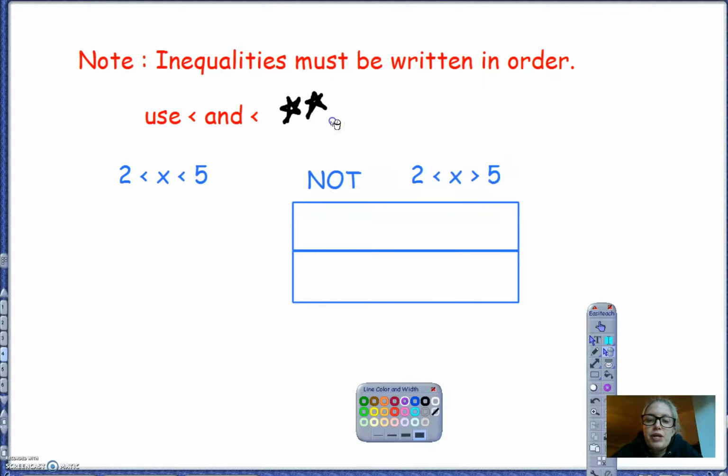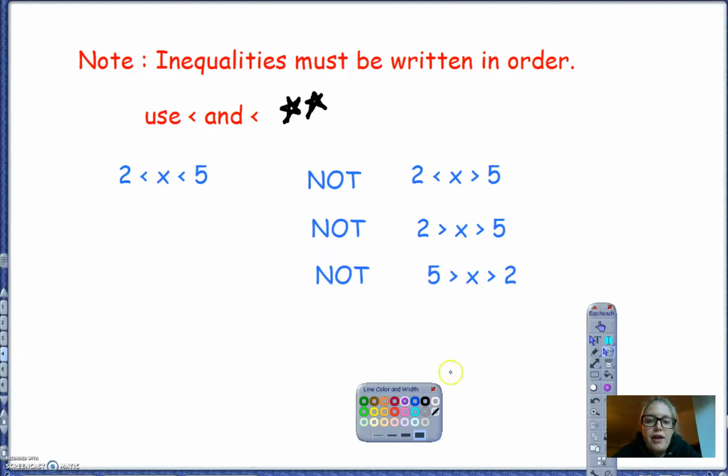It does not work when you put in mixed signs. This means X is greater than 2, X is greater than 5. That's not it. This means X is less than 2 and X is greater than 5. No. And this means X is less than 5 and X is greater than 2. So none of these work. It should always be the less than symbol. So write yourself a note, put a highlight on that one.